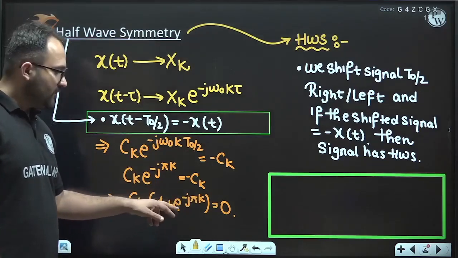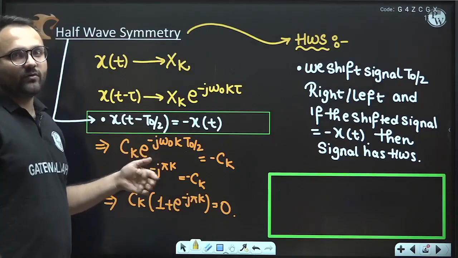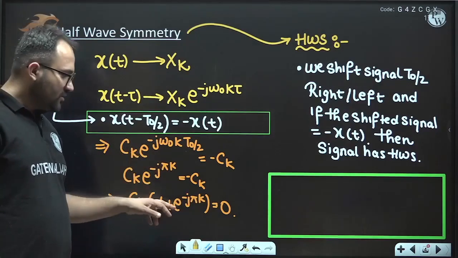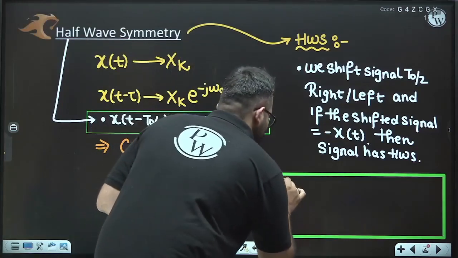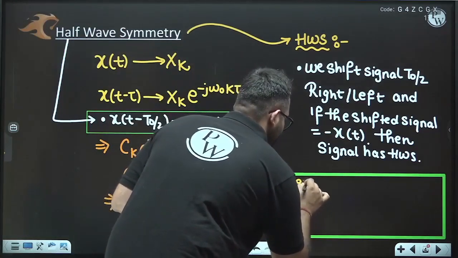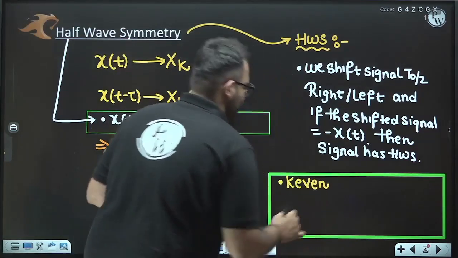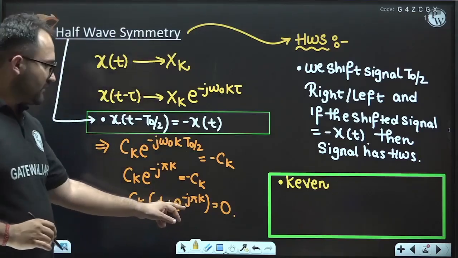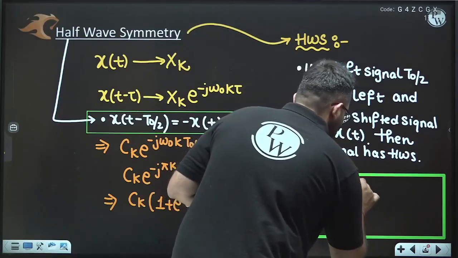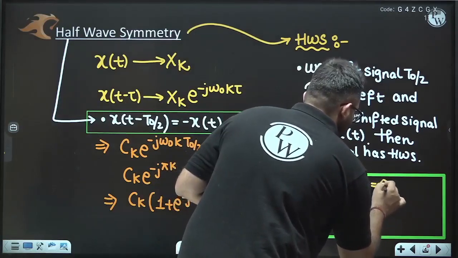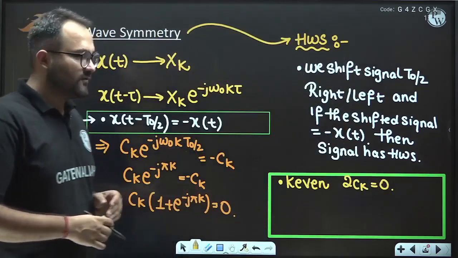So this term will become 1 plus 1, which is 2, so this result will be 2 times c_k equal to 0.